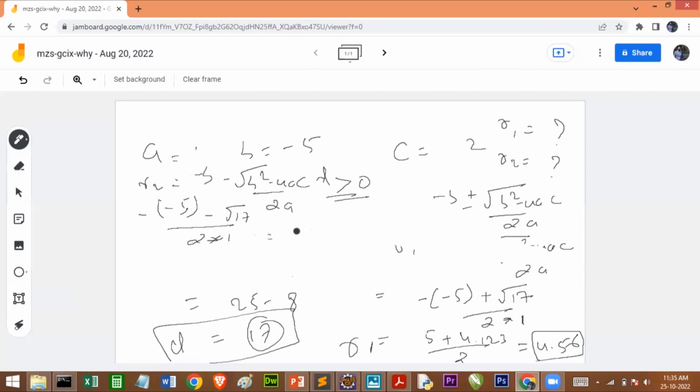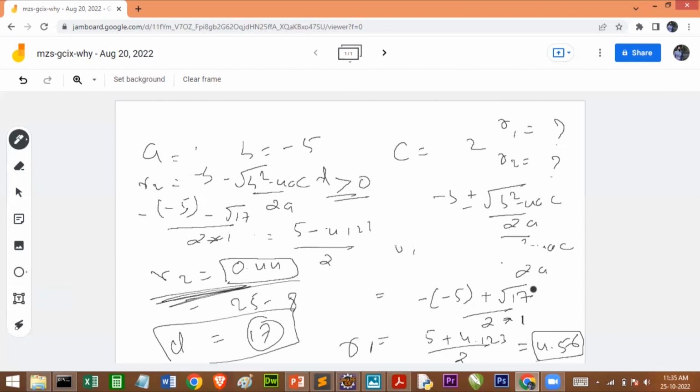Okay. So minus into minus is plus 5 minus the square root of 17, which is 4.123, divided by 2. If you do this, you will get the value 0.44. So this is the R2 value, 0.44.